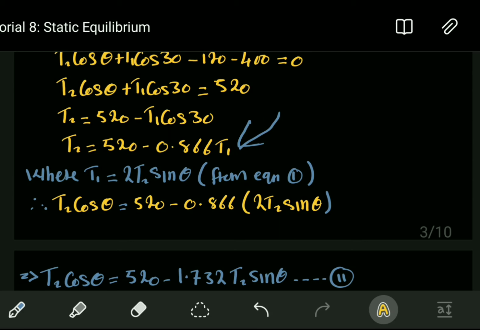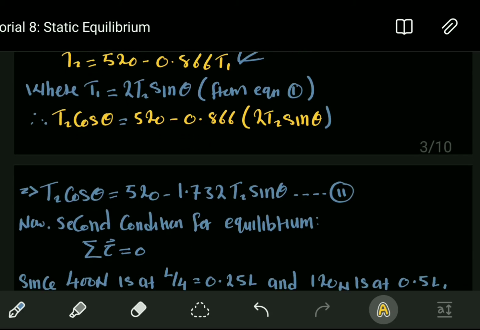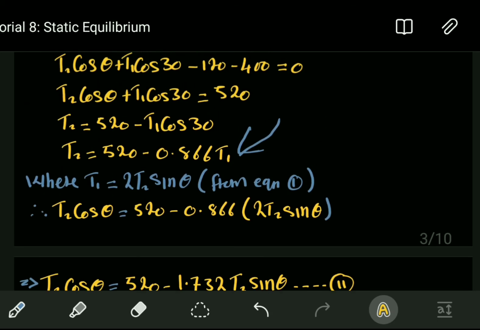Okay, therefore we are going to have that T2 cos theta equals 520 minus 1.732 T2 sine theta. So this can be our equation 1. Okay, I've noticed a slight mistake somewhere here.